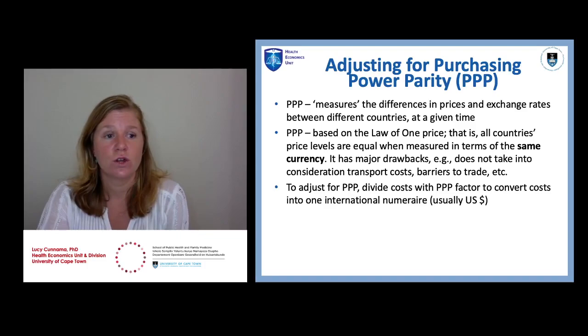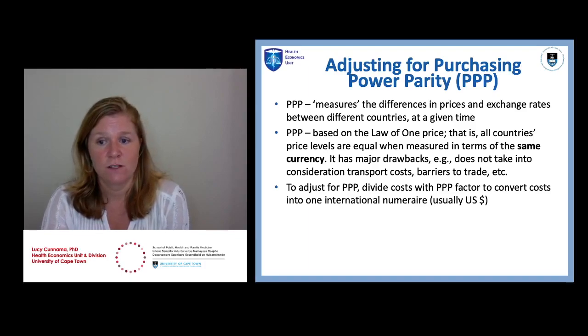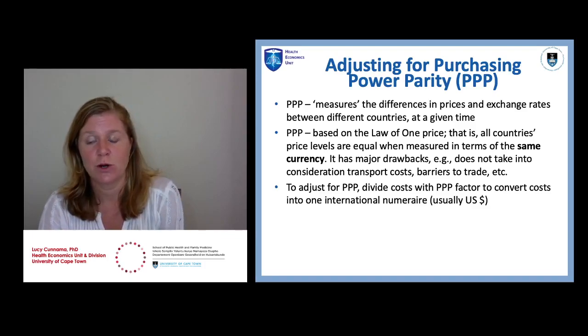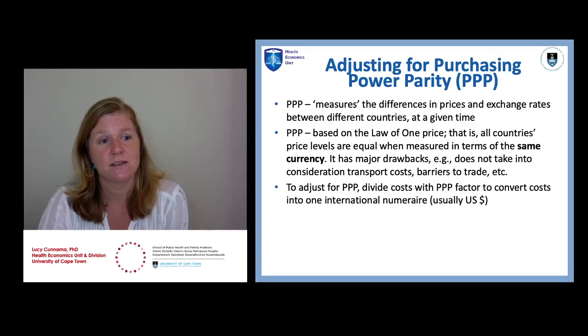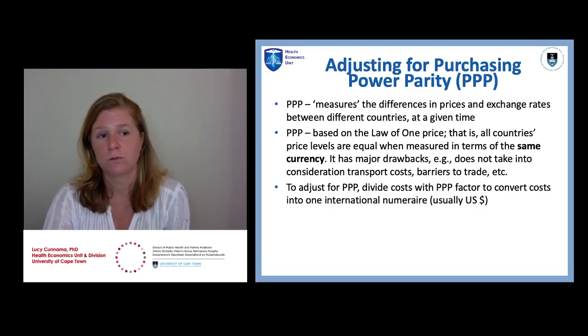So the example that's often used is something that is of a standard quality, so a McDonald's burger in one country compared to a McDonald's burger in another country. We look at what the actual price is of that McDonald's burger, and that gives us an indication of how much it actually costs between the different countries.